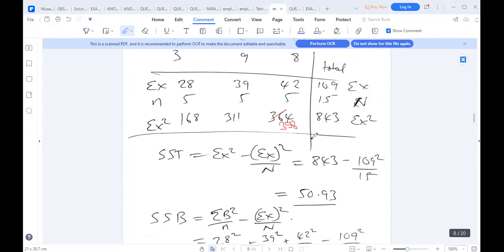Then that correction, 44.93. Yes. So what would be the total here? 168, 311, and 358. What do we get? Count the three.